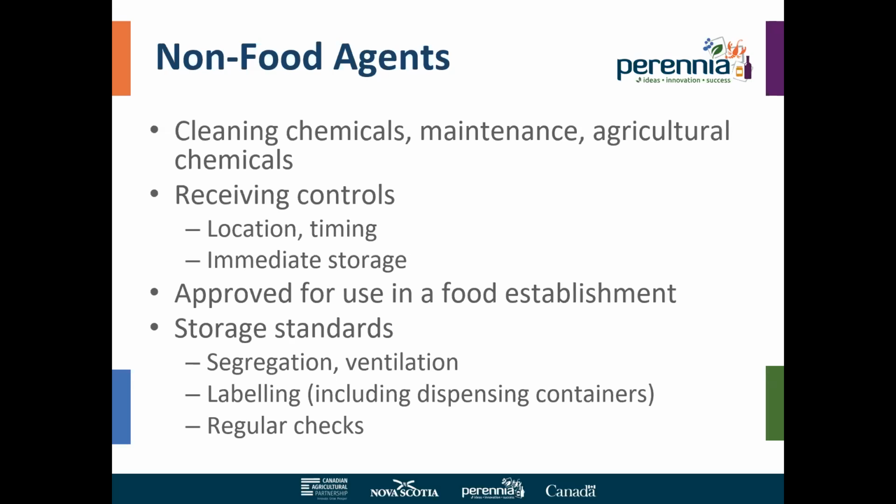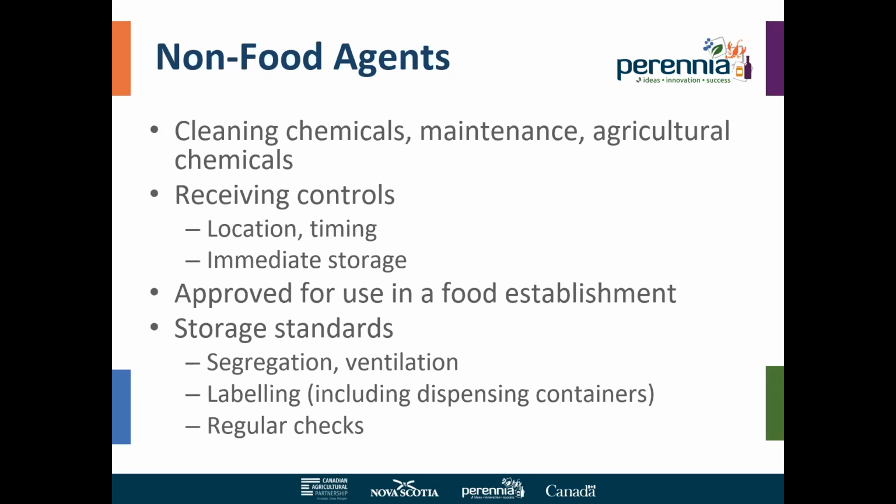So it's going to the dry storage facility, or it's being put in the chemical cabinet or closet or whatever you may store your chemicals in, that your food grade lubricants are labeled and kept separate from your non-food grade maintenance chemicals. And of course, are they approved for use in the food establishment? So do you have that documentation? Do you have proof that these chemicals are approved for use in a food establishment?